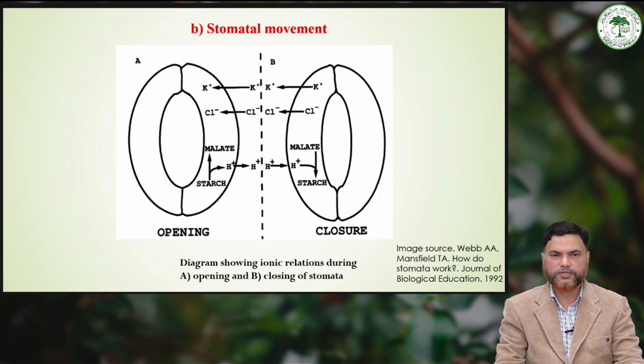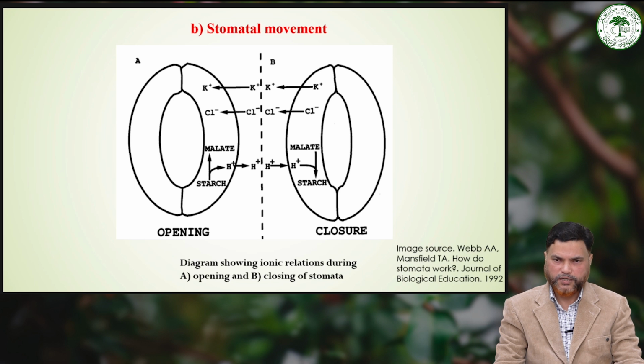What happens when the concentration of potassium increases within the guard cell? And you see on the left side that when the concentration of potassium builds up in the guard cell, it raises the osmotic pressure of the guard cell, prompting the uptake of water from the neighboring cells.